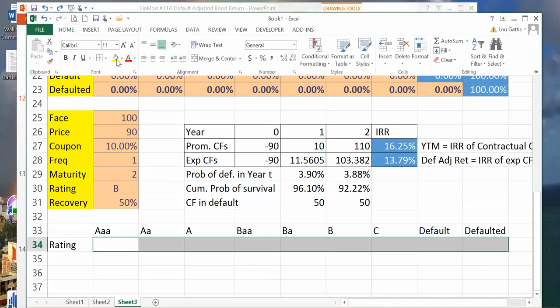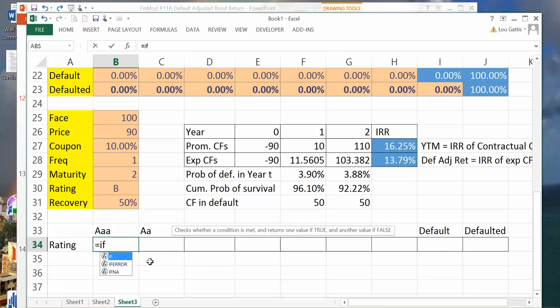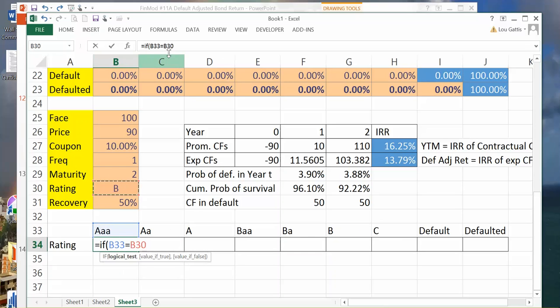And let me just make it a formula in there. If this rating is equal to the actual rating of the bond, I'm going to anchor that, then give me a value of 1, else give me a value of 0.